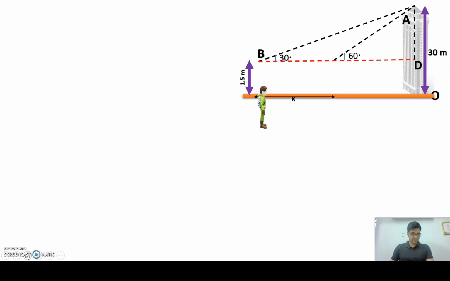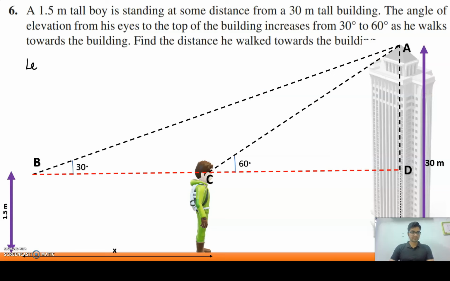Okay, let us write down some basic things over here. Let OA be the height of the building. Let us calculate OD first.